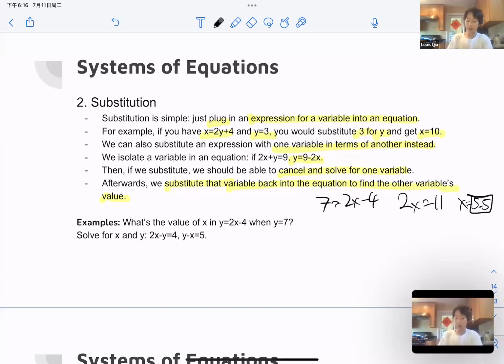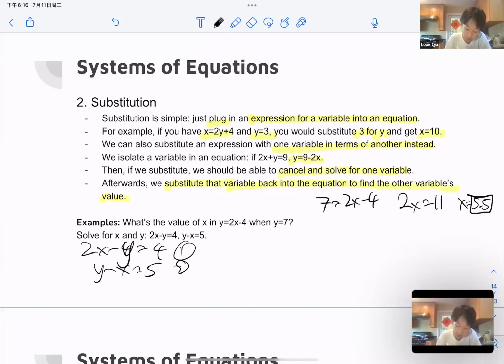And solve for x and y. 2x minus y equals 4, y minus x equals 5. So we have that 2x minus y equals 4, and y minus x equals 5. Suppose this is equation 1 and this is equation 2. Adding x to both sides of equation 2 gives us y equals x plus 5.